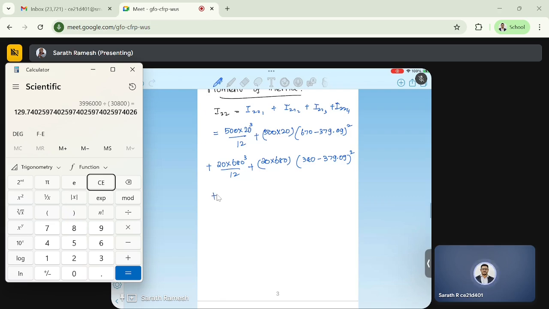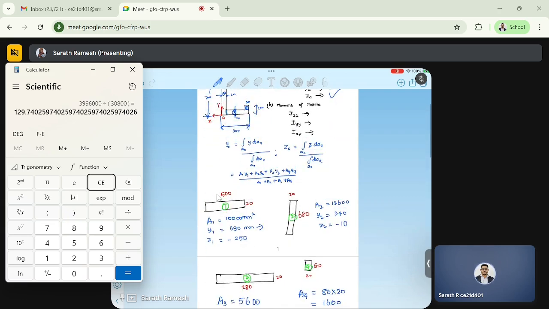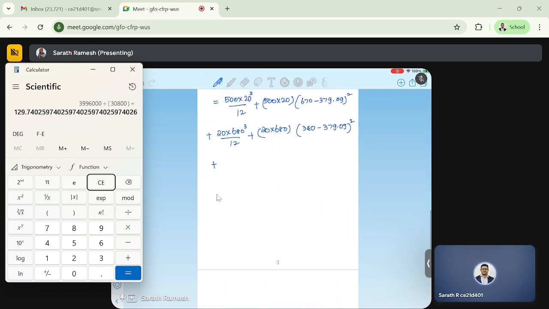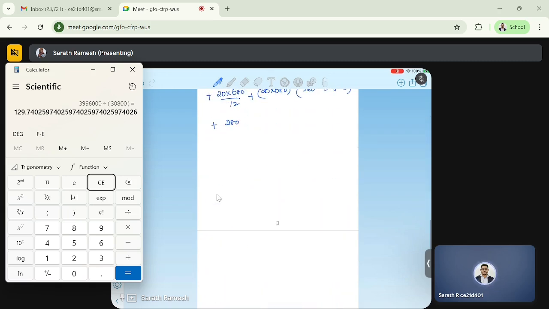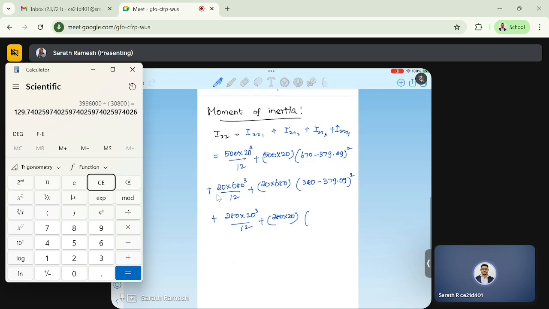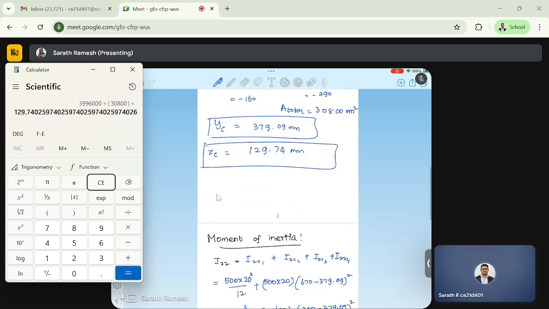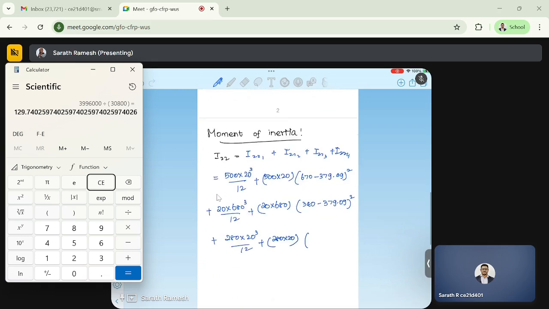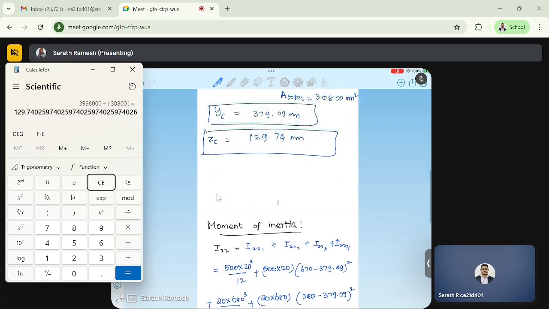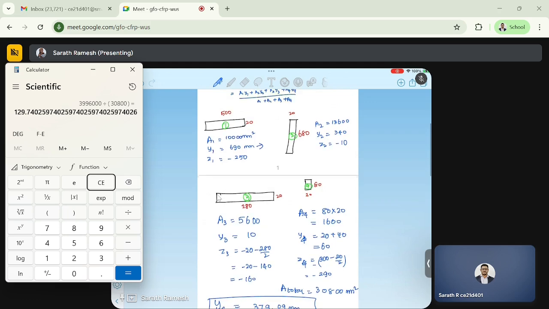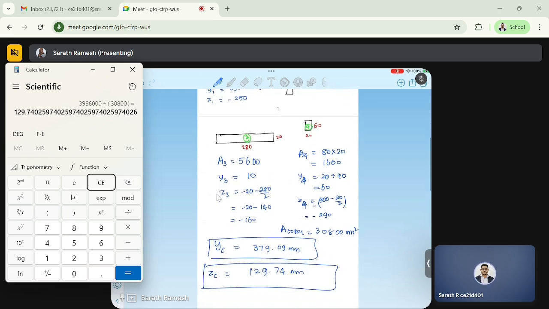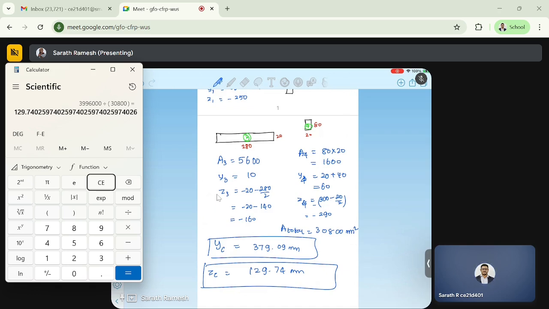Plus IZZ3 will be 280 times 20 cube by 12, plus 280 times 20 times the square of the distance between them, here this is 10 and 379.